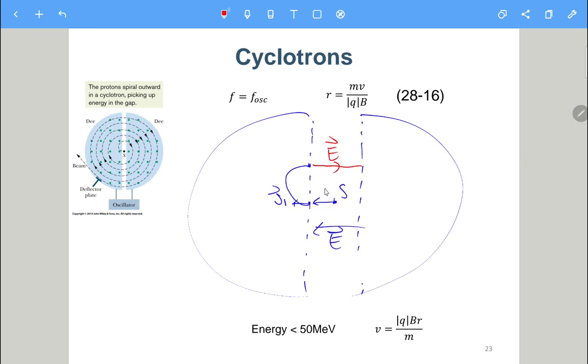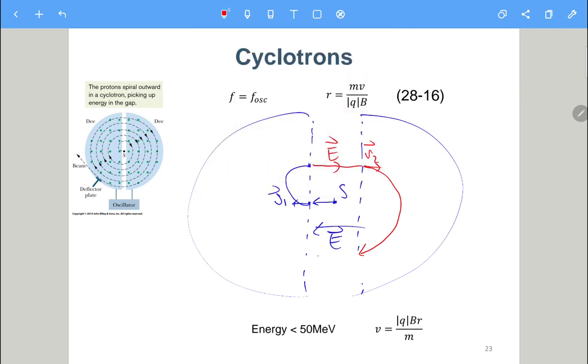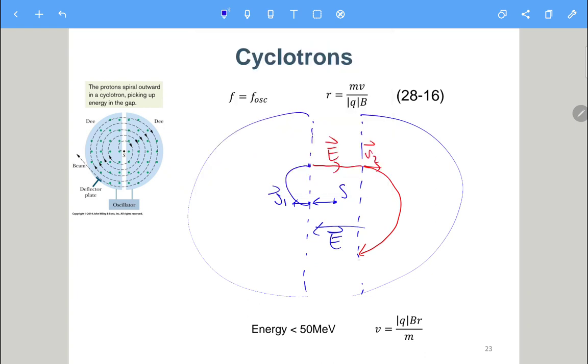So actually the point here is to control the E field precisely, and then it will have another circular motion. And here of course v2 is larger than v1, so it will have a larger radius. And going back to here, we need to change it back, so we will have the particle here, going in this direction.